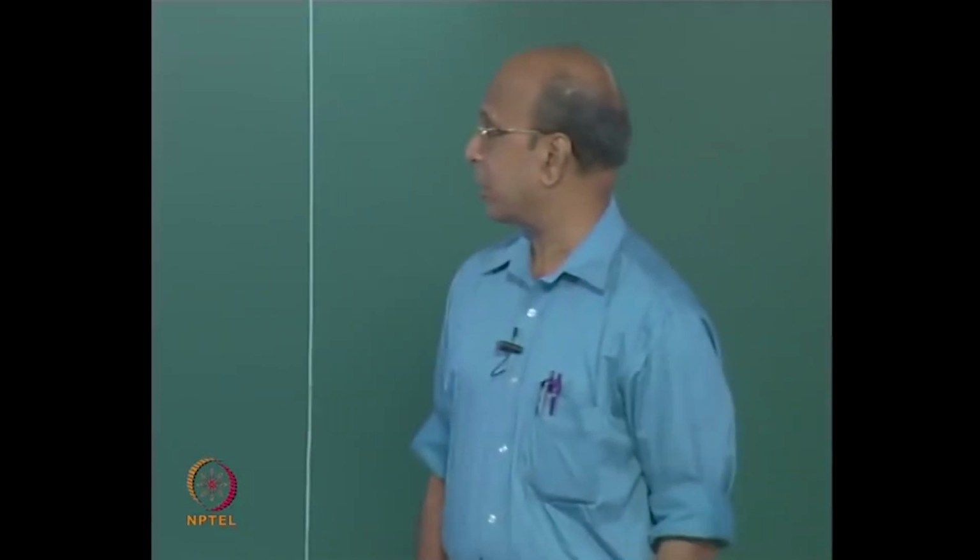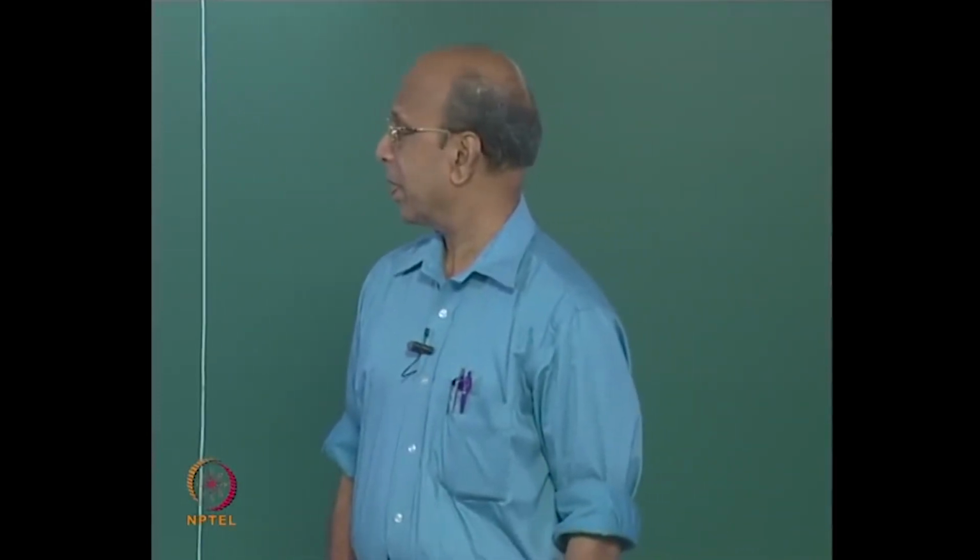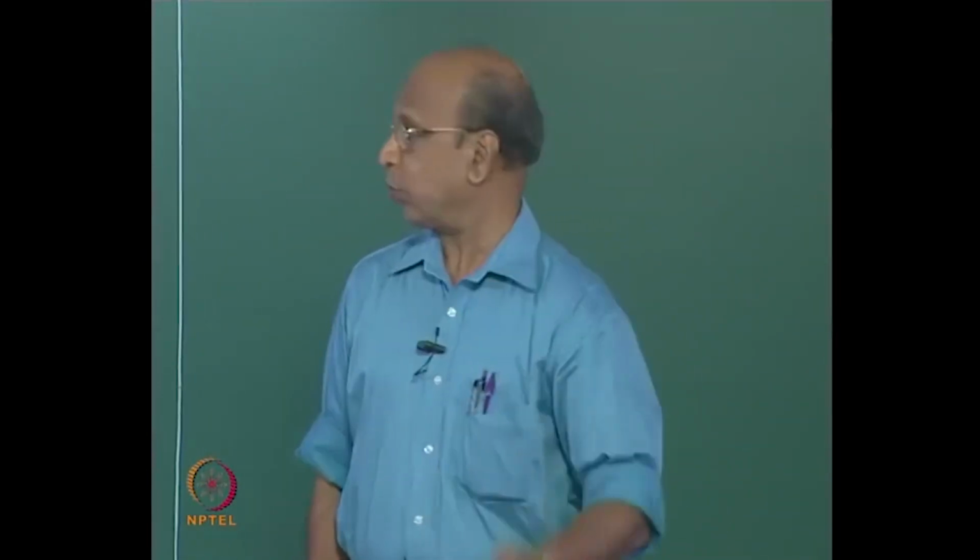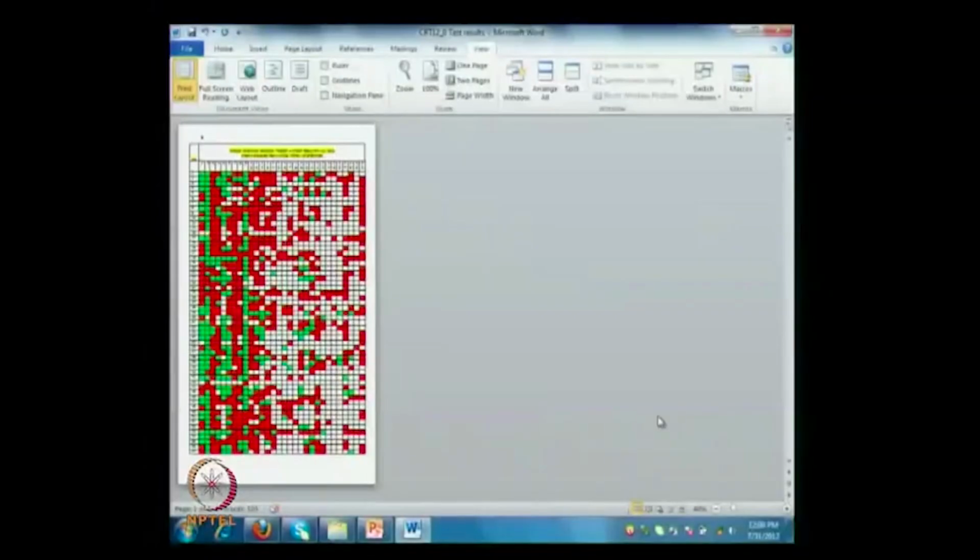Those are the results of yesterday's test, and of course, as you already know, green is the one which you have written correctly, and red is attempted but wrong. You can see lots of red patches there, and you have the white one, not attempted.